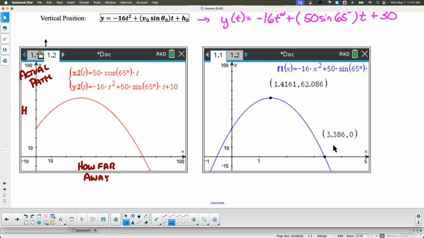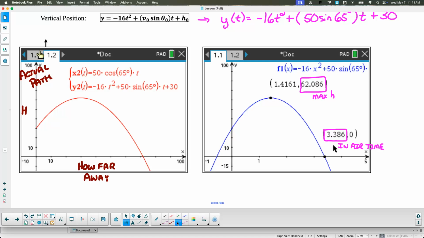So this then tells me that it reaches a maximum height of 62.086 feet. This tells me that the ball is in the air for that long.